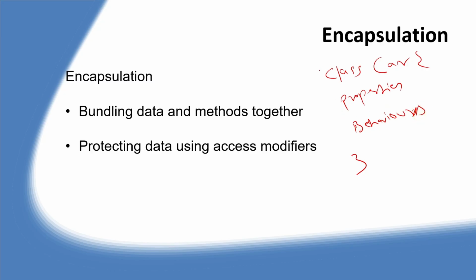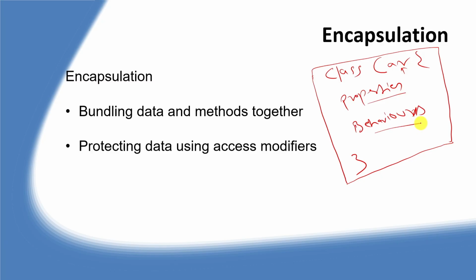So this is a class. A class will have the definition. In this example, Car, what properties and what behaviors this car will have will be defined inside the class.